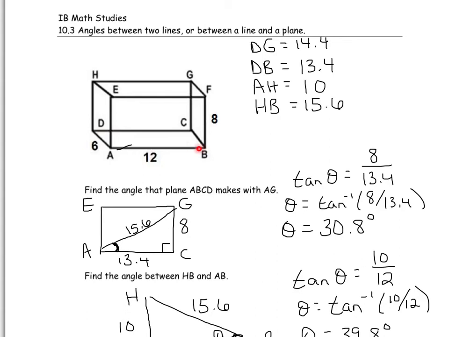BE. So BD is here. BE is that diagonal. Since that's the last one on that page, we'll go ahead and draw those in. BE is on that face. BD is there.